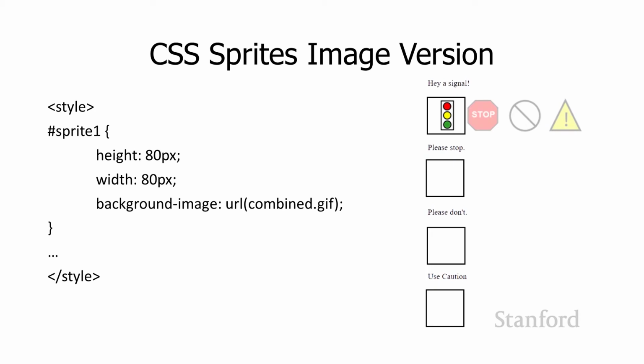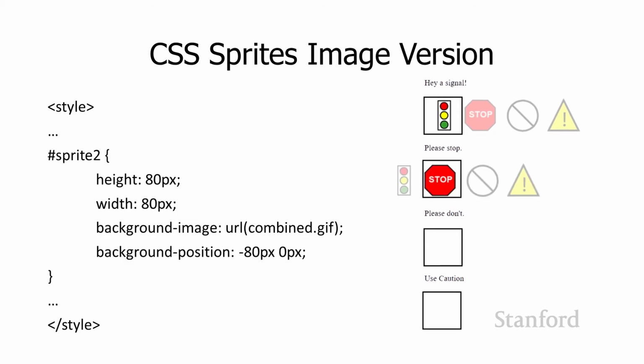If that background image doesn't fit within the background of the particular item, there's a bunch of things that you can control and play around with, but the basic setting is that it gets cut off. So that whole image is behind our div, but only the traffic light's actually going to show up. I've left the rest there faded out just to remind ourselves that the whole combine.gif is back there, but only the traffic light is actually going to appear on the web page.